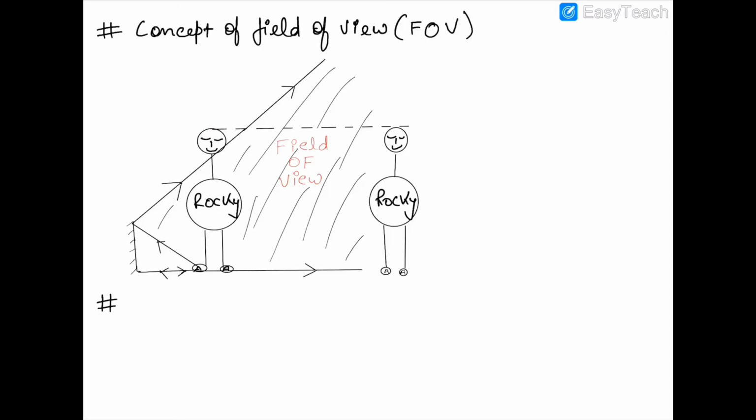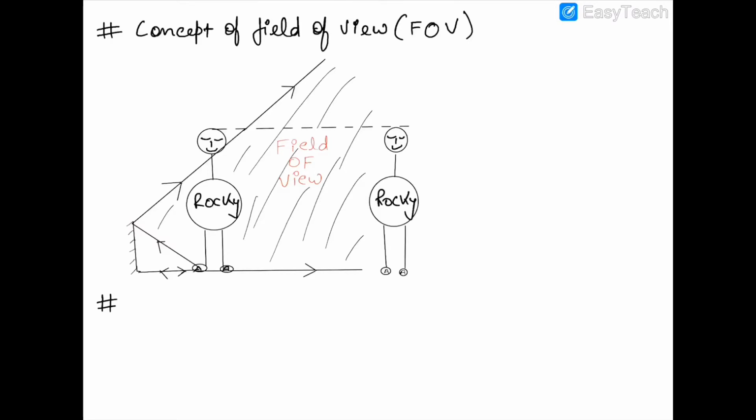Now, the object is obviously the shoes, because he wants to see the shoes, and the incident ray should reach the eyes of Rocky so that he is able to see the shoes. So when we draw the two incident rays which are falling on the two extremes of the mirror, these two points, this one and this one, are the two extremes of the mirror.